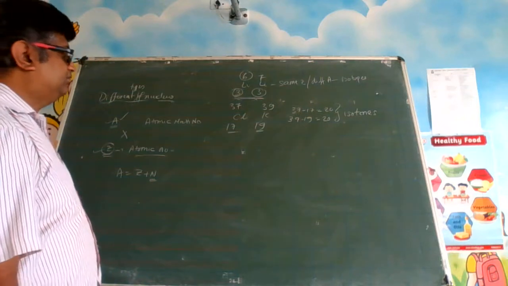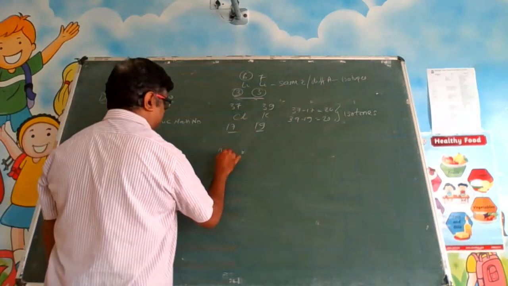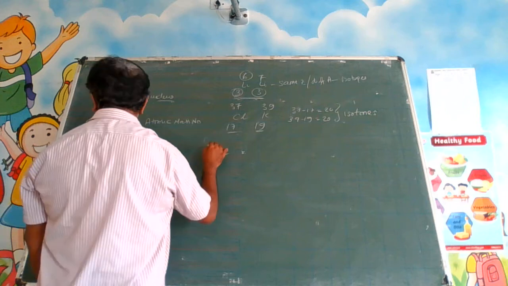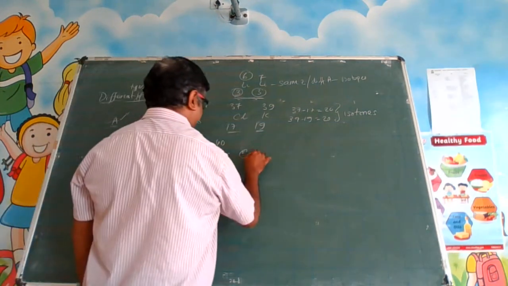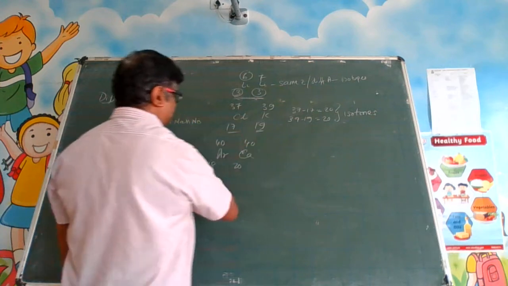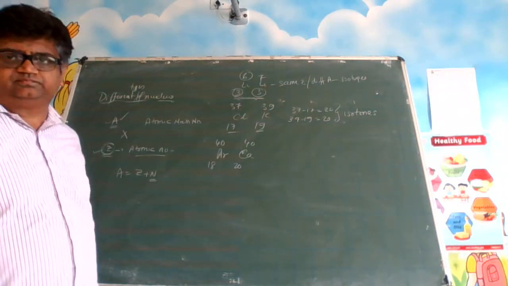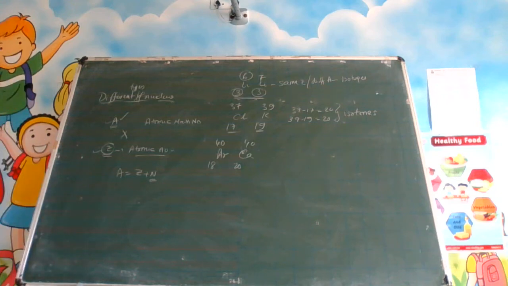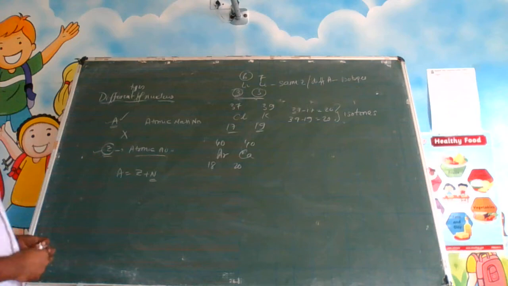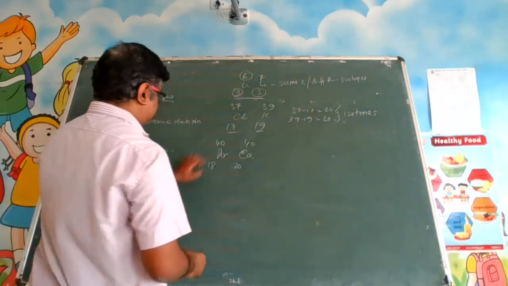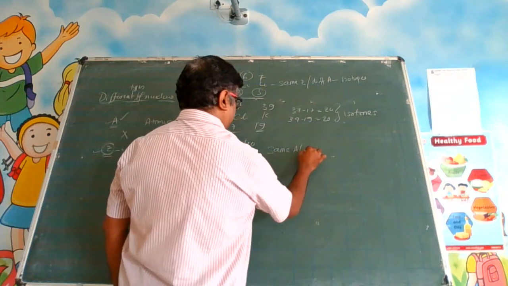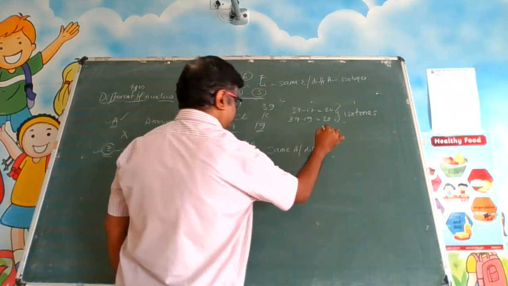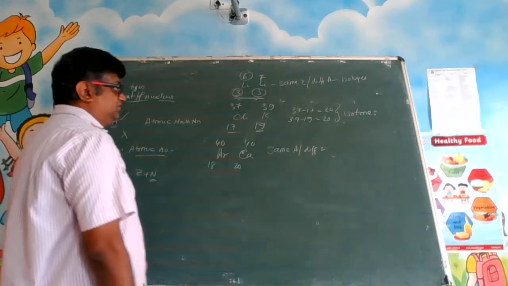Then you have, let us say you take argon and calcium. Calcium also is 40, I think, no? Calcium is 40. If you see these two, here you have got same A, but different Z. So what are these called?